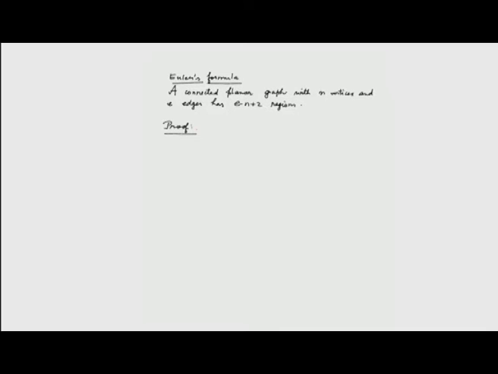Now, indeed this is a very surprising result, and we would like to give a proof of this result. So, first of all, we will observe that it is enough to prove this result for simple graphs.